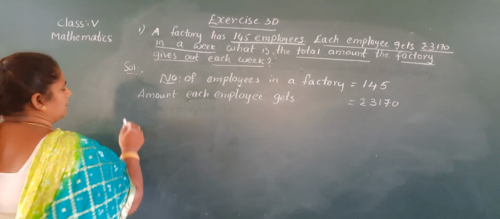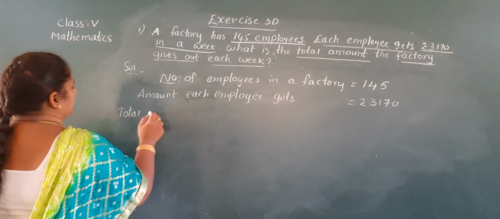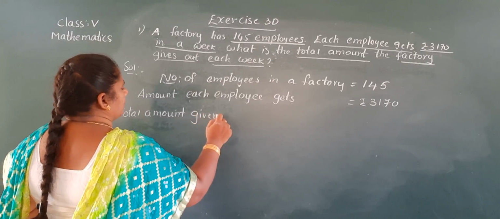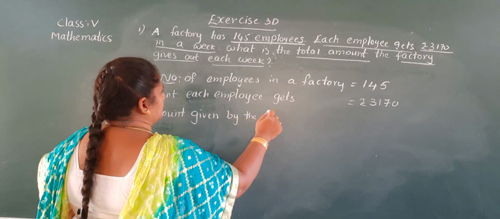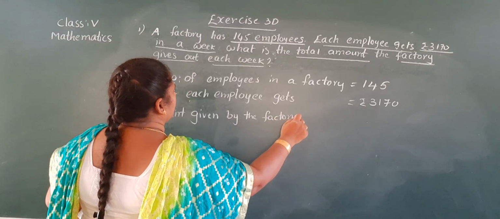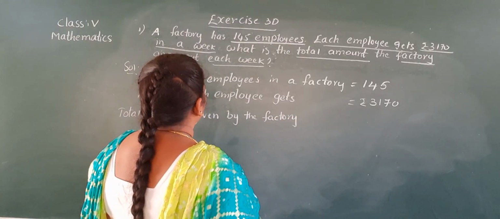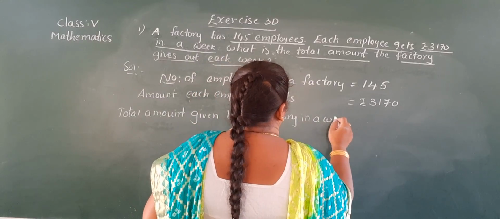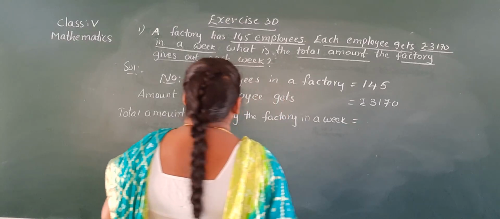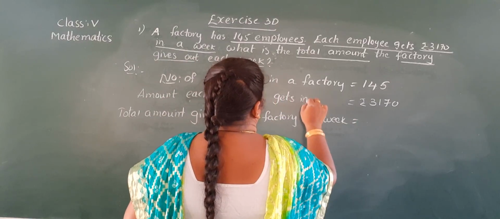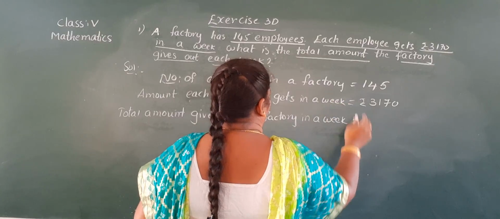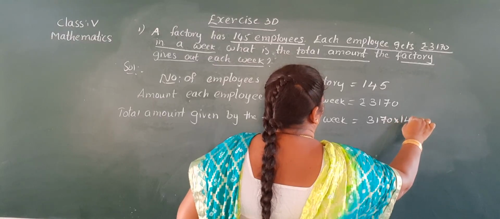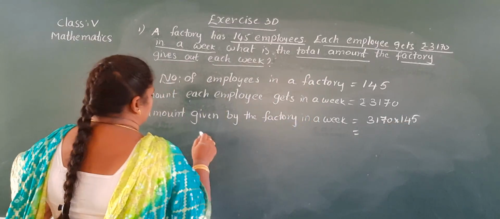Now we have to find total amount given by the factory in a week. So amount each employee gets in a week. Here write down also gets in a week. Okay, now we do multiplication. 3170 into 145. We do this multiplication aside.